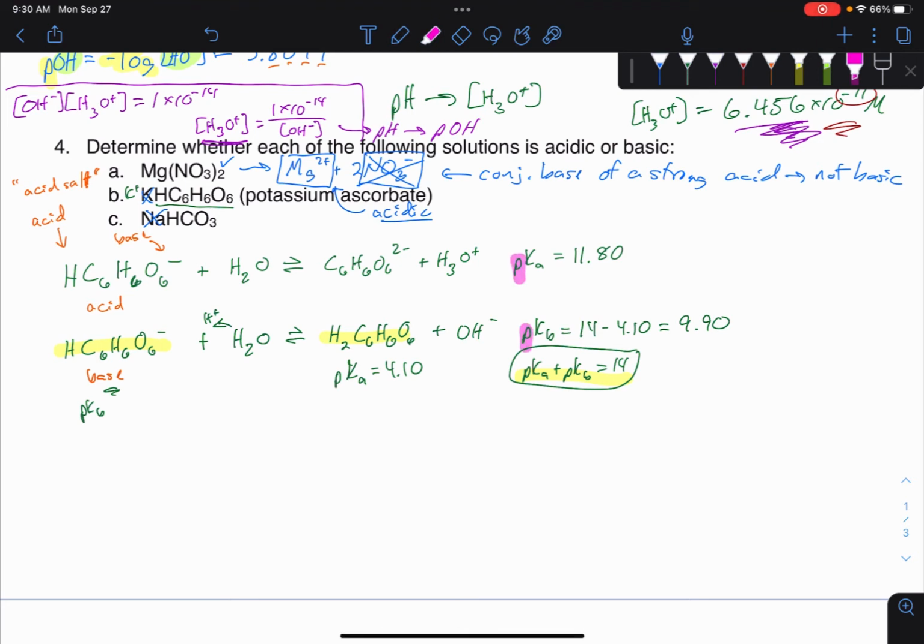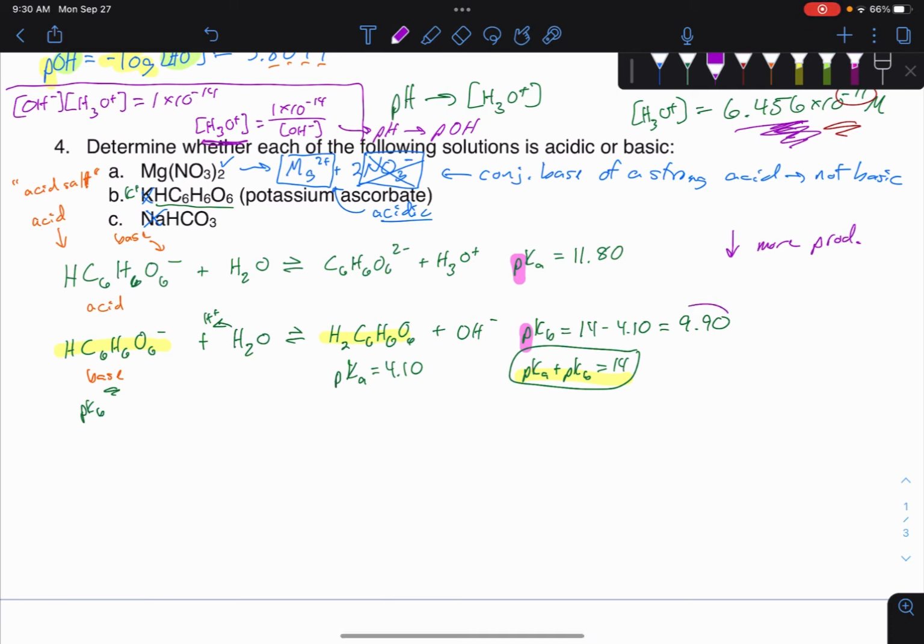And what you have to remember is that if you've taken the negative log of some expression for this chapter, the lower you go, the more basic or acidic, if you're talking about a pH scale, or if you're talking about pKa or pKb, you're really talking about more products being formed.